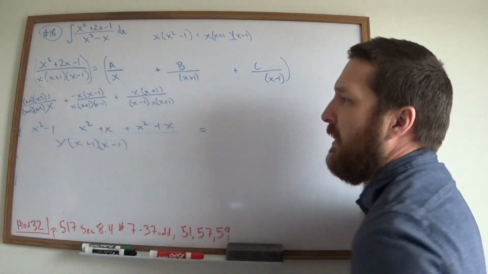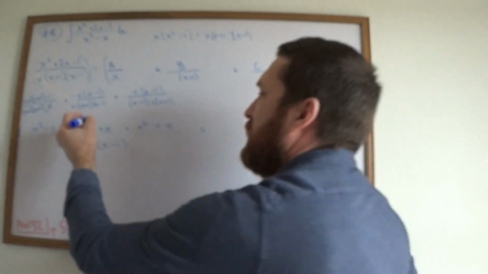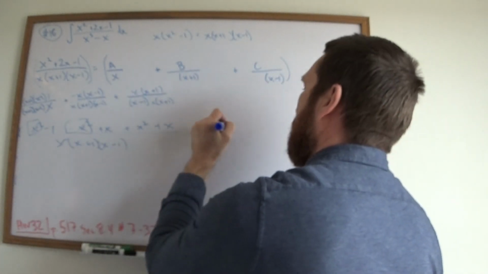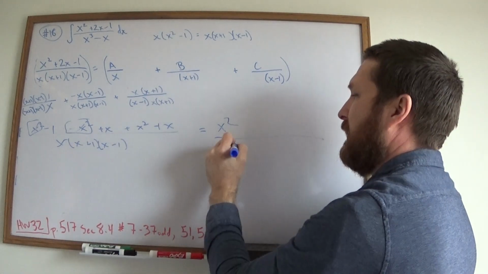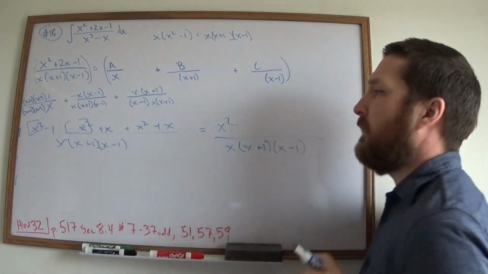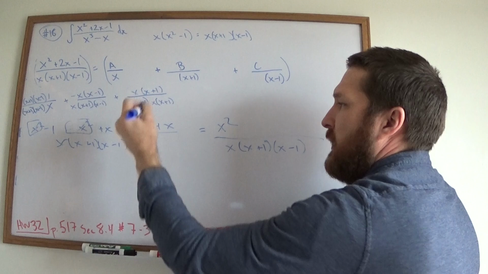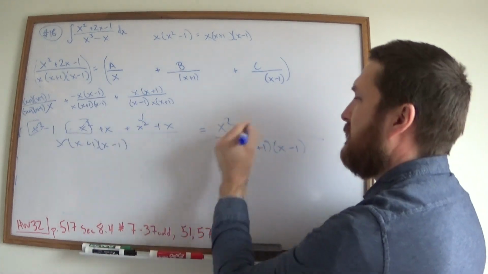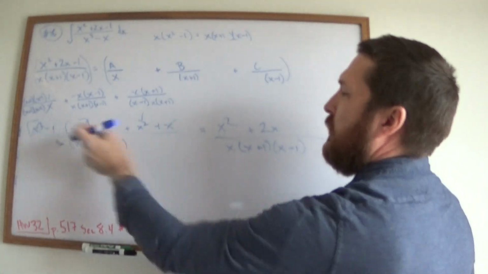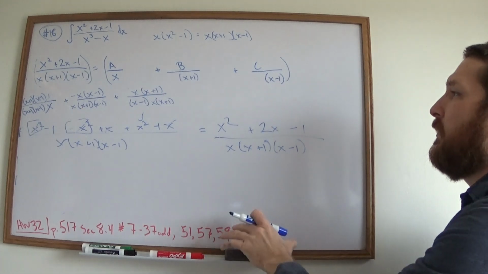Now, the two x squareds are gone because this is a plus and a minus. We have 1 left over. And I'm going to go ahead and do this so I don't forget what I'm doing. Now, there's 1 x squared left over, check. X and x gives me plus 2 x's, check, check. I'm left over with a minus 1. Is that what we started with? Yes. Lo and behold.